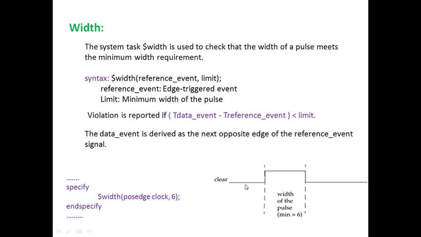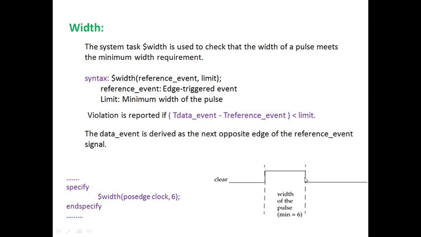So the $width task checks the time between a transition of a signal value and the next opposite transition in the signal value. This is one signal value transition, and the next opposite transition will be here.